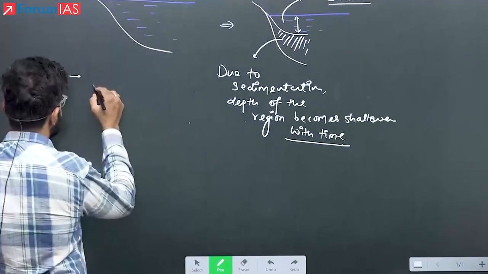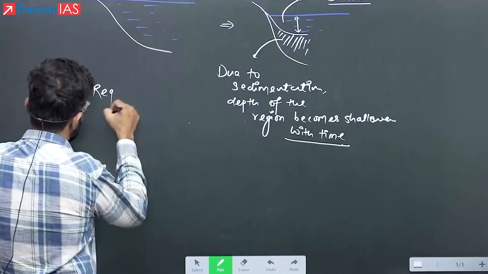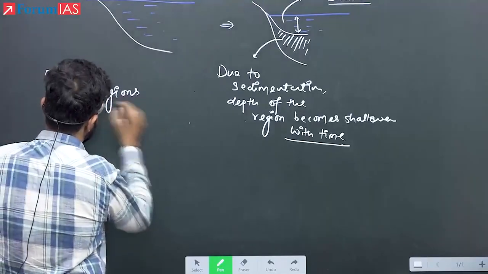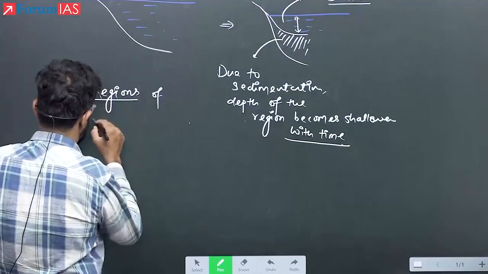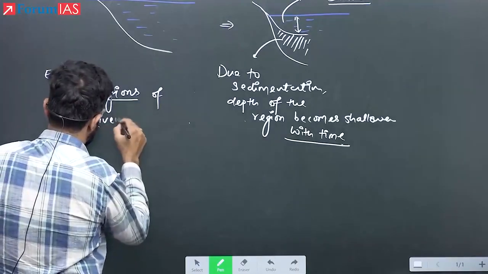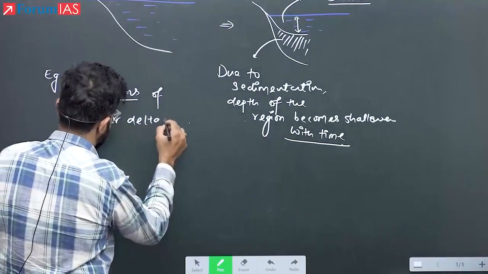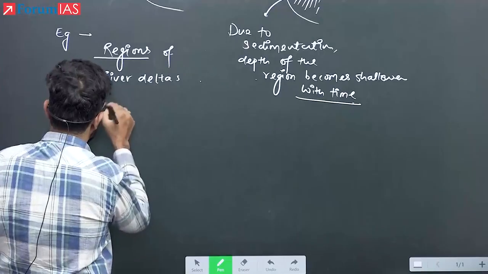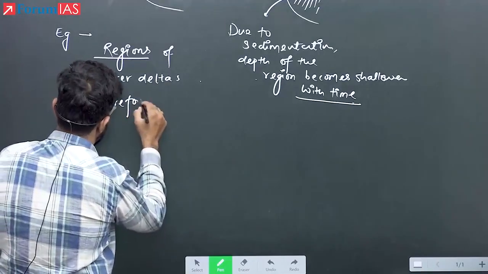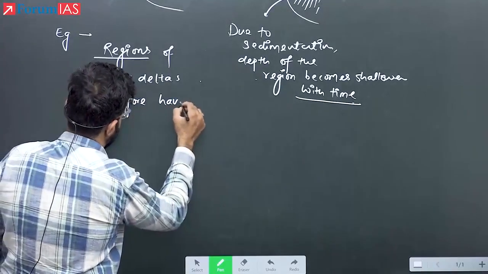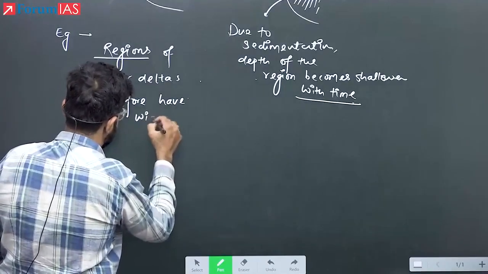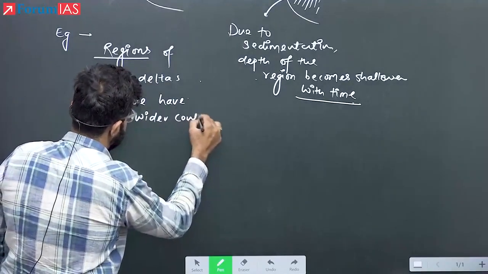So the areas, for example, regions of river deltas therefore have wider continental shelves.